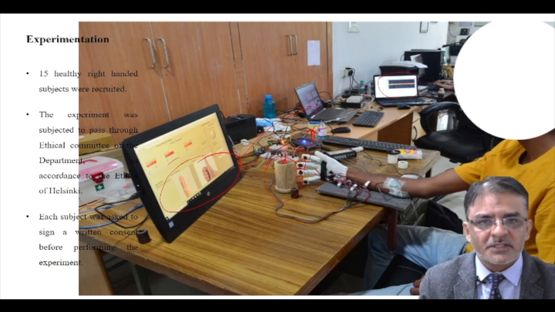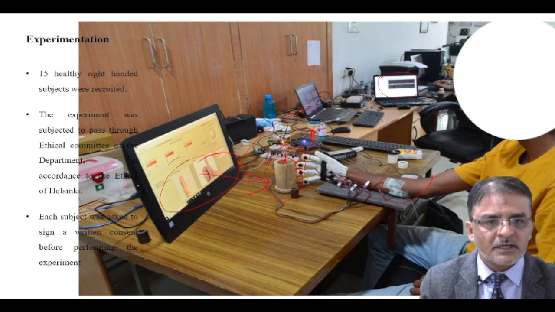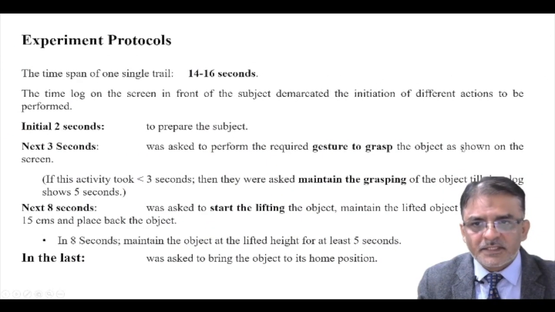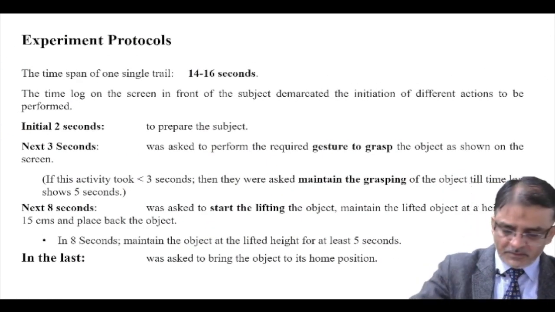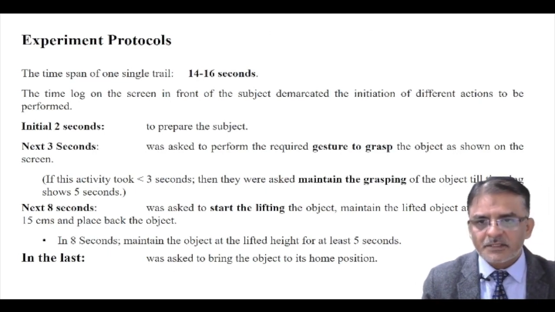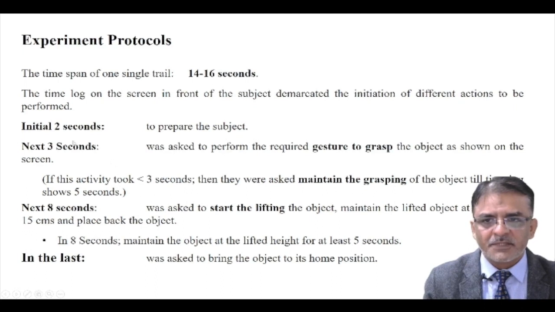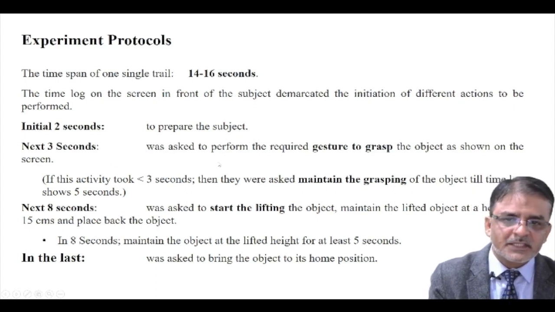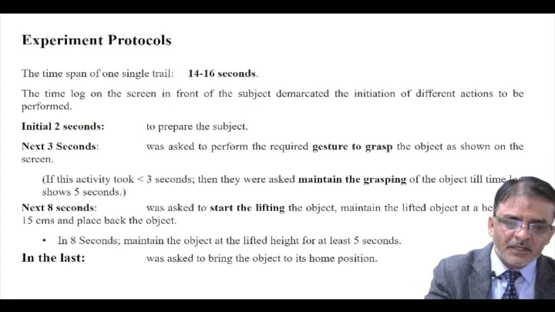These were also the instructions displayed in the LabVIEW code to the subject. These are EMG sensors placed on muscles. This is the experimental protocol, in which the experiment was conducted for 14 to 16 seconds: 2 seconds to prepare the subject, 3 seconds for the gesture to grasp, and 8 seconds from starting to lifting the weight.